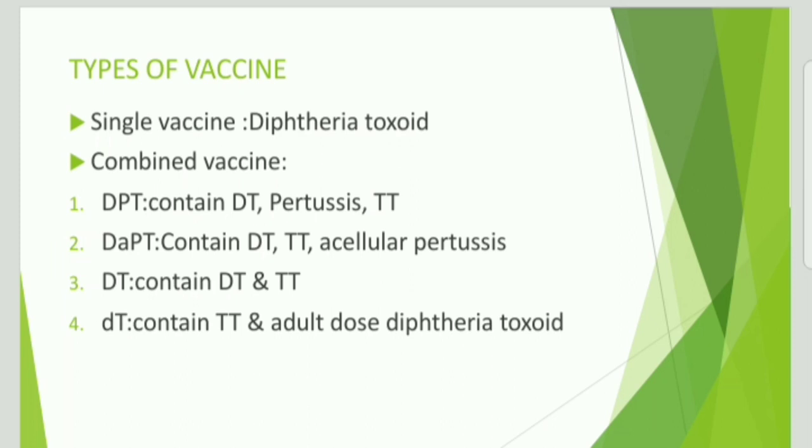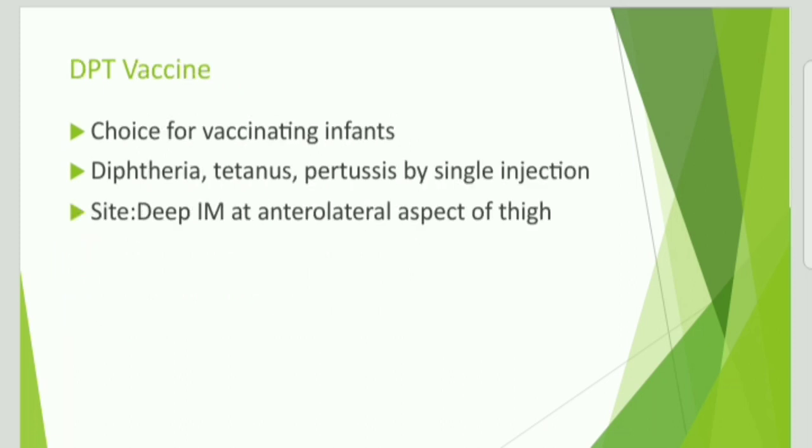The DPT vaccine, which is a combined vaccine, is the preparation of choice for vaccinating infants because of two reasons. First, since it is a combined vaccine, infants can be immunized simultaneously against three important childhood diseases, diphtheria, tetanus and pertussis, by a single injection.